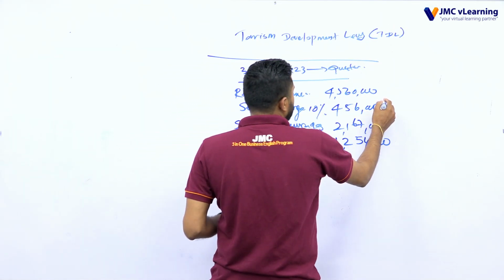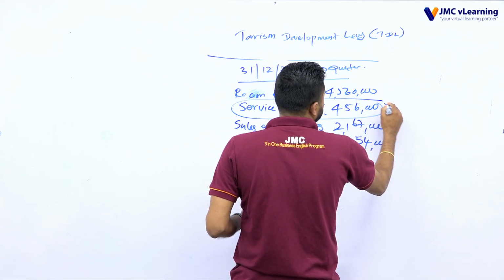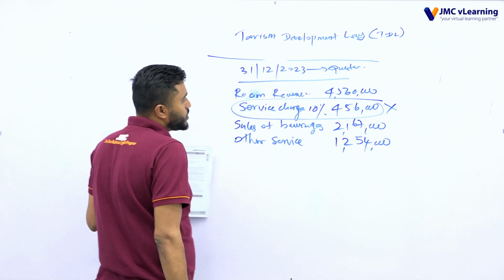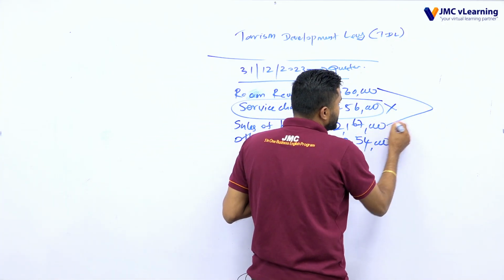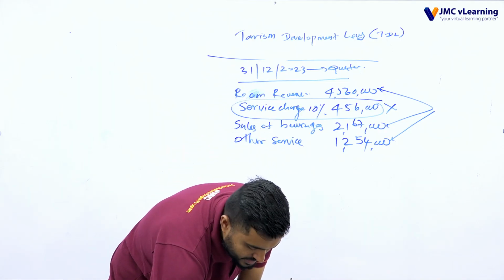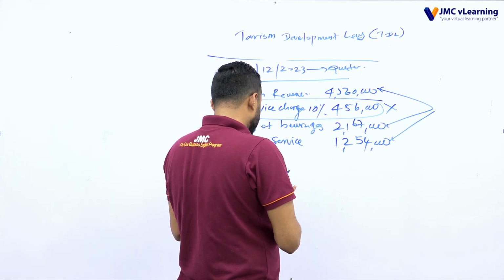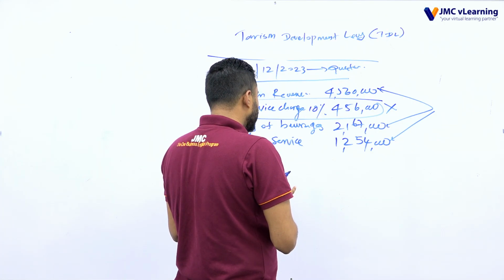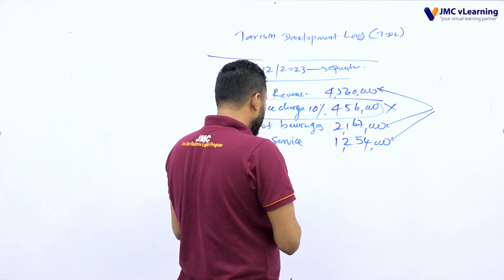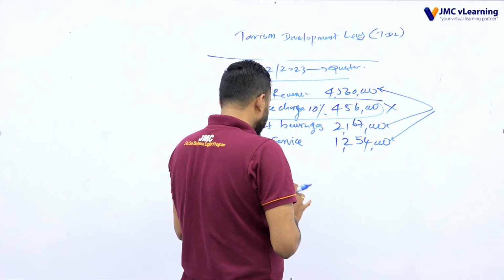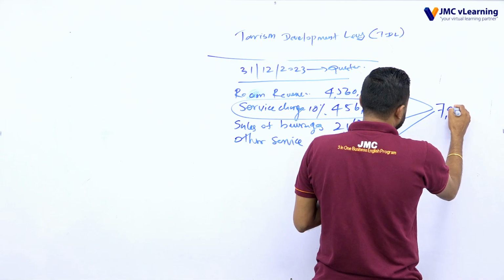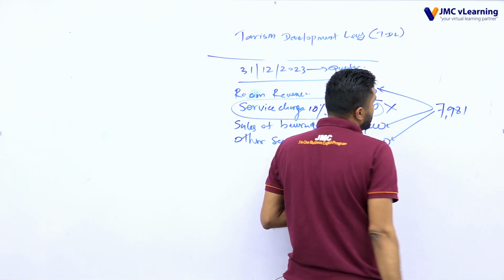So now you know that this service charge we cannot take. Therefore, other than the service charge, how much is the total income? Then you can calculate this income, 4,560 plus 2,167 plus 1,254. Then you know the relevant turnover for the quarter is 7,981,000. That is more than 3 million.